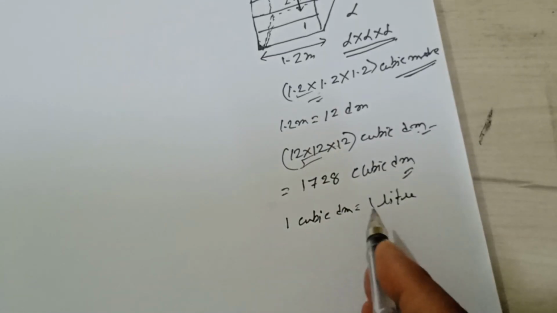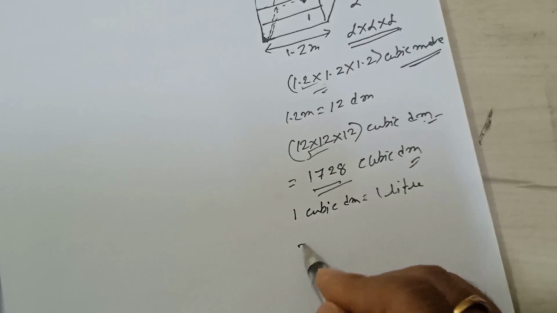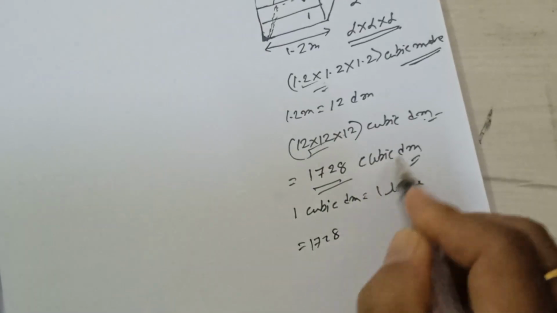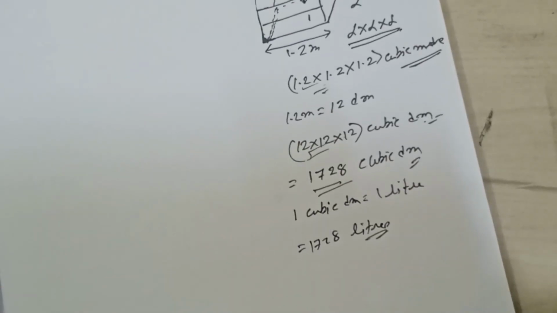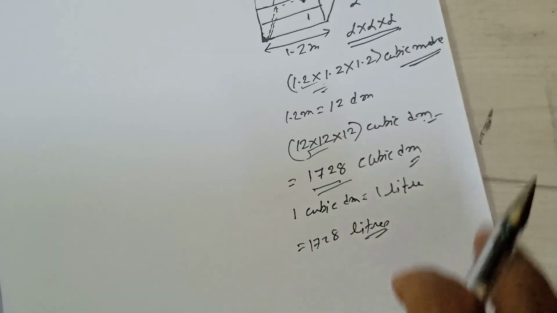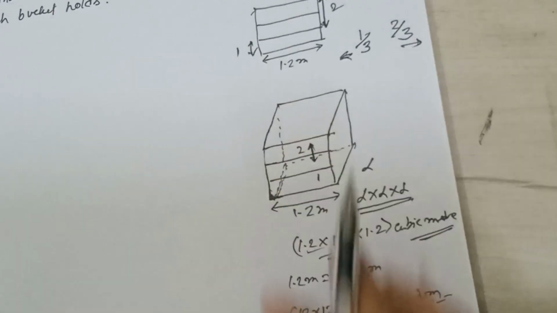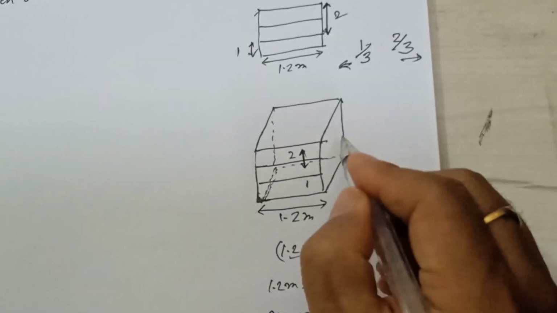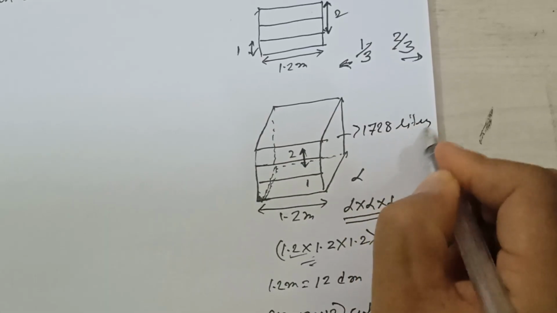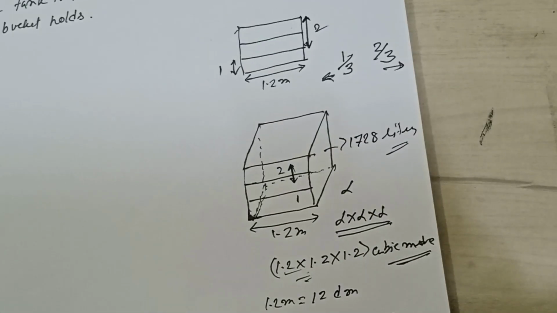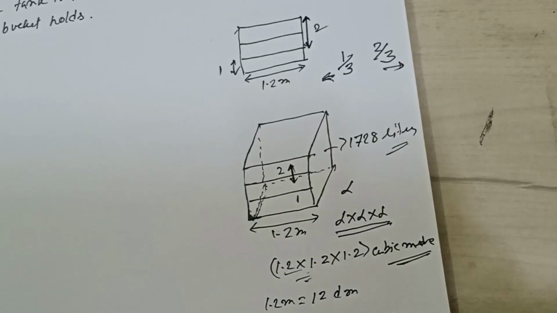If 1 cubic decimeter is 1 liter, then 1728 cubic decimeter is 1728 liters. So we find the volume of water that can be inside the tank. So this tank has 1728 liters in total.